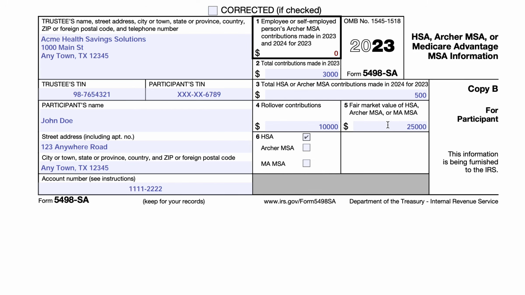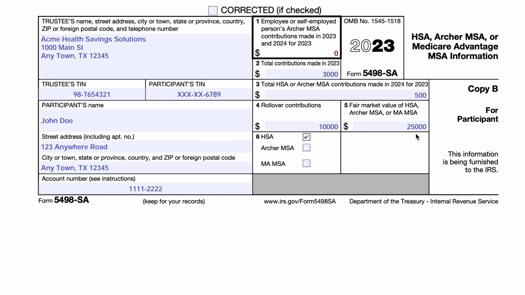So if it's a deemed distribution, and a deemed distribution basically means that you inherited this HSA from someone, or you could have used part of it as a security for a loan. It could be anytime there's a prohibited transaction, then the deemed distribution does depend on the fair market value of that account as of the date that it stops being an account.